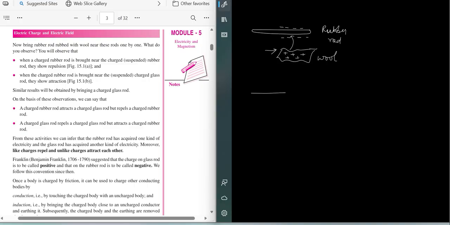Similarly, if we consider a glass rod and we are rubbing it with silk cloth, here some of the electrons which are loosely held in the glass rod are getting transferred to silk when they are rubbed. This is because of friction.